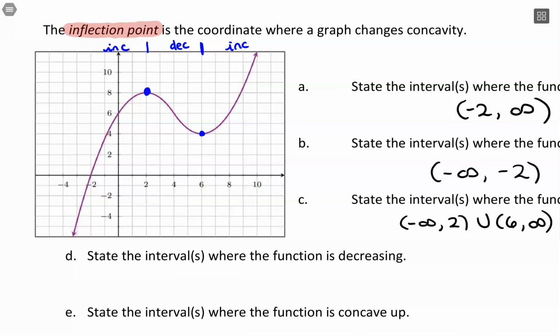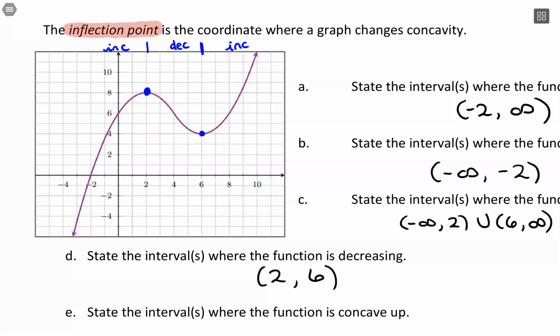And where is the function decreasing? That's between 2 and 6. So the interval between 2 and 6. Again, we're using parentheses here because we don't actually want to include those endpoints, because at that local maximum and at that local minimum, it's neither increasing nor decreasing.